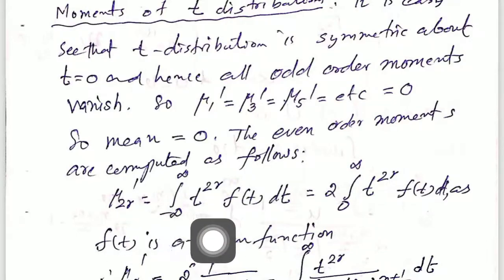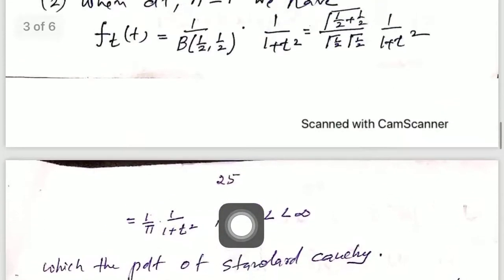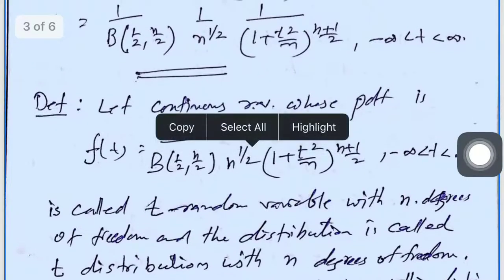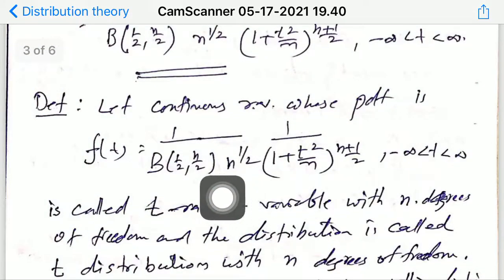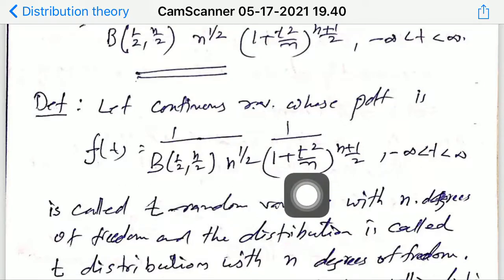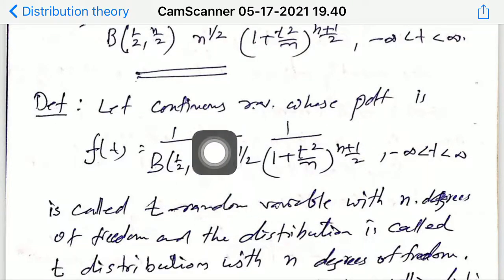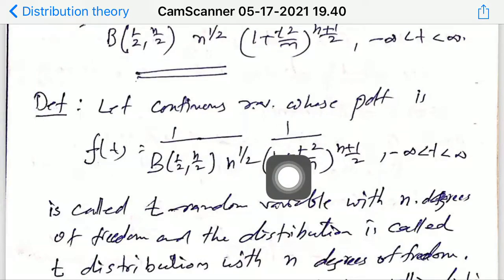And you know f of t, what is f of t? F of t is this. F of t is an even function. Why is it an even function? It is an even function in t, because it is t square, and all other terms are not depending on t. Therefore this function f of t is an even function.